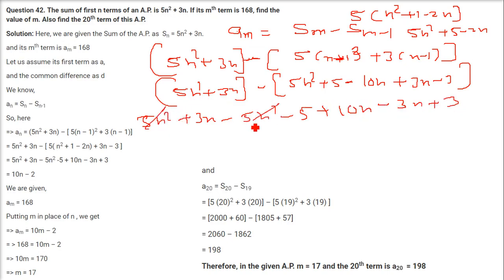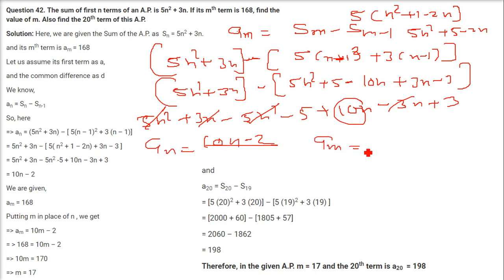The 5n square terms get cancelled, and the 3n terms get cancelled, so you have 10n, and 3 minus 5 is minus 2. So 10n minus 2 is the nth term, an.